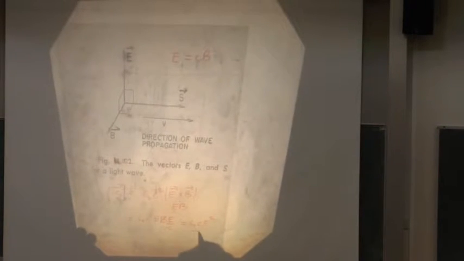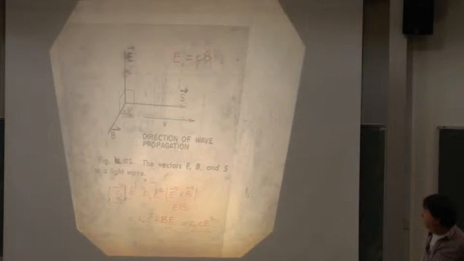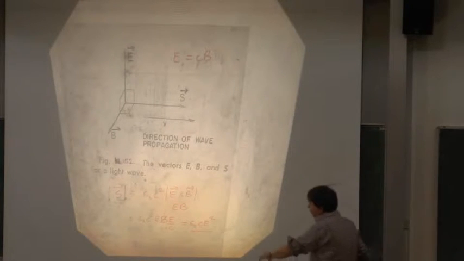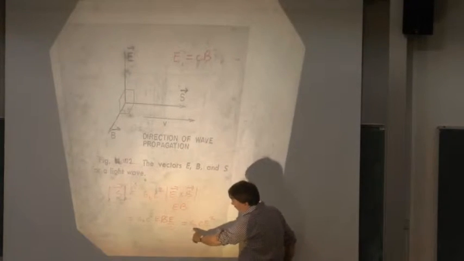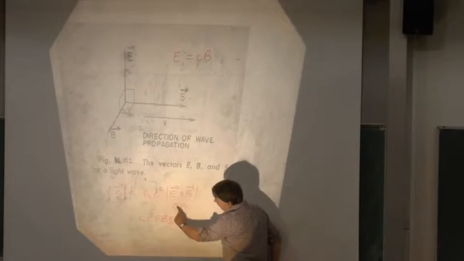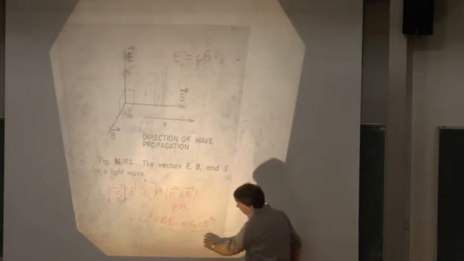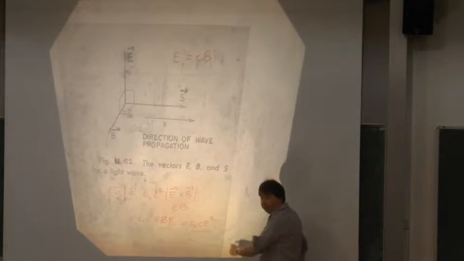And please be careful with this formula. C so often comes up in formulae in electromagnetism as C squared that people are tempted to put the magnitude of the flow as epsilon naught C squared E squared. It isn't. We've got EB, and we use the fact that B is equal to E over C, and that gives us epsilon naught C E squared.